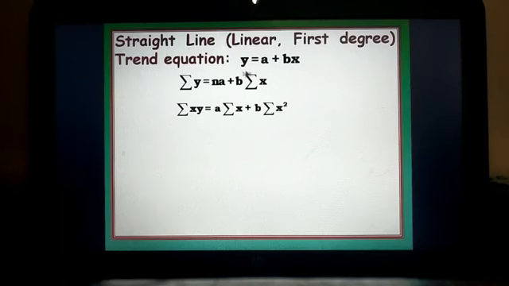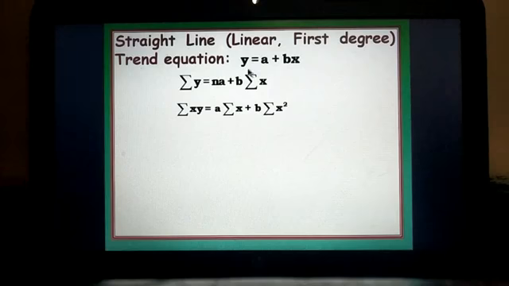Y is already there, both x and y are variables, so summation of x is applied and y is carried as it is, both x, y under summation, is equal to a, which is a constant, so a can be kept aside and then summation of x will be present. Then plus b as a constant outside, x is already there, and one more x you are applying, so it will become summation of x square.